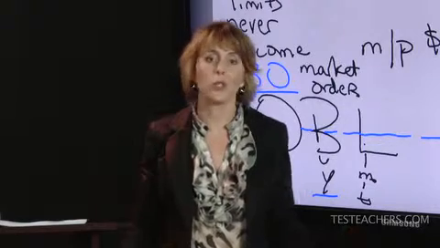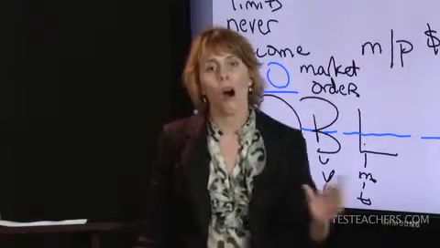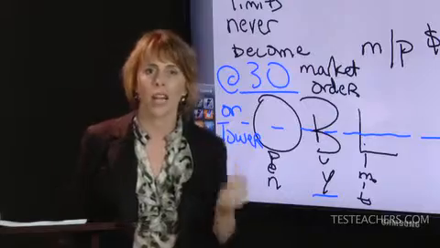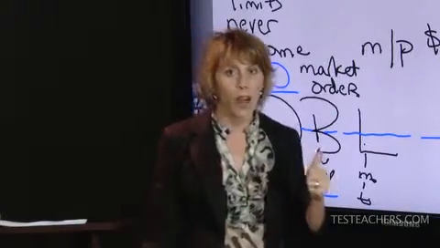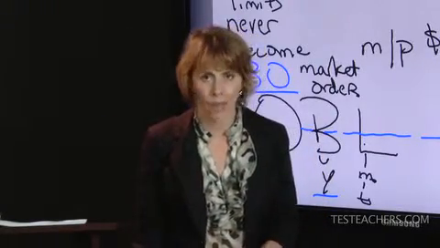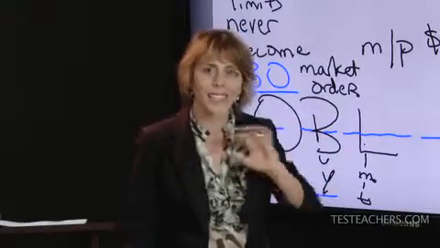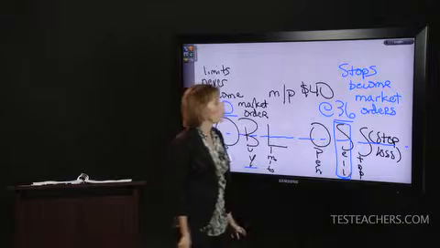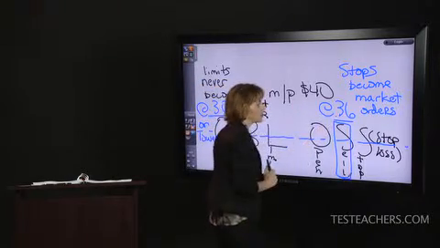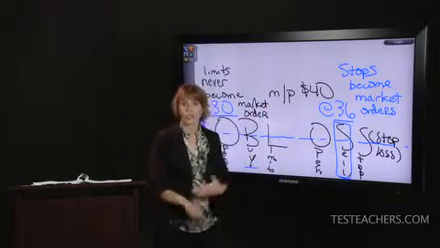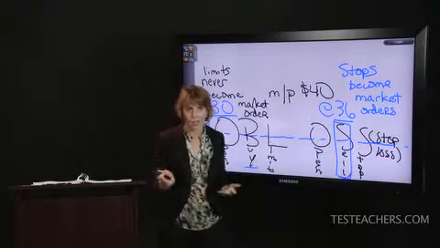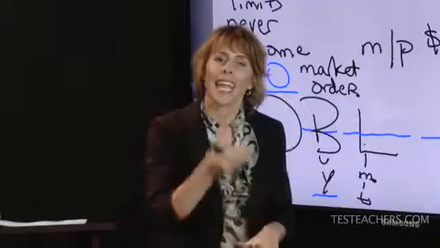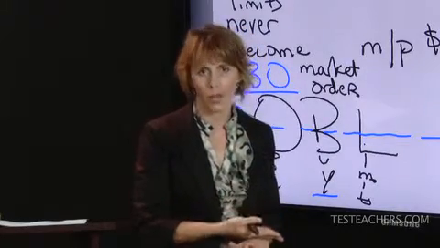At what price, you don't know. All you know is that they're going to do it as soon as they can. They're going to sell the stock. The price might have gone up and the price might have gone down. But that's it. You want out. It's a sell stop. So if it hits 36 and then it goes to 32 and you sell at 32, well, at least you got out of it. It hits 36, you could sell at 37. It just becomes a market order.